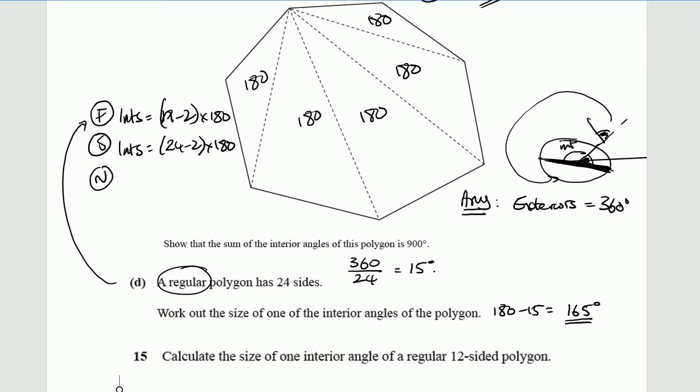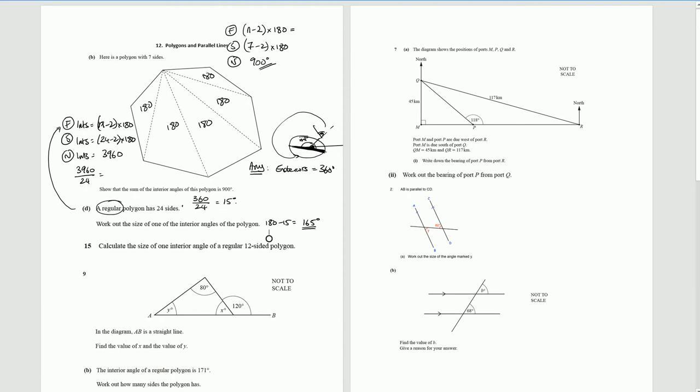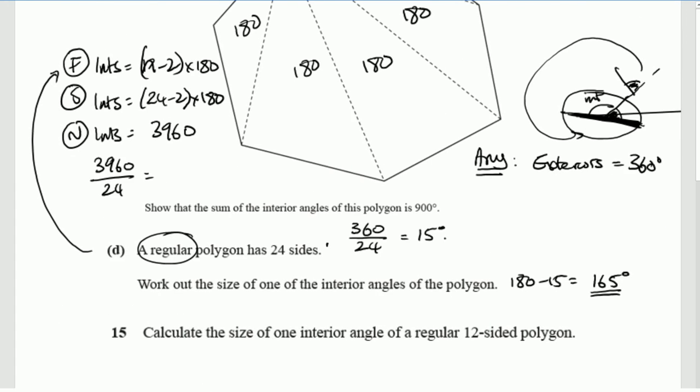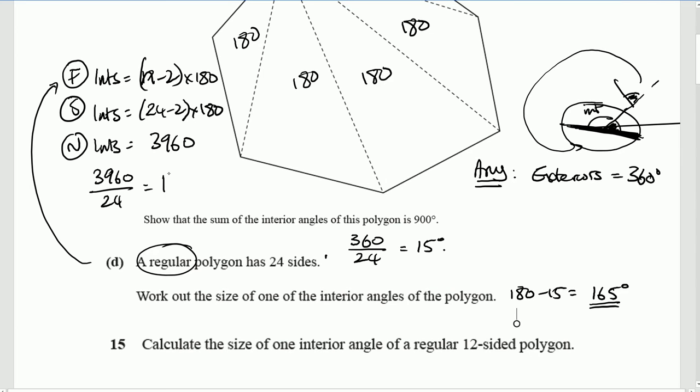If I number crunch that result, I get a sum for the interior angles: 3,960. If it's regular, then every one of those angles is the same, and there are 24 of them. I want to know one of them, so I divide by 24. So 3,960 divided by 24 into the calculator, and we get once again 165 degrees. Now we don't have a good approach and a bad approach, it's just whatever makes most sense to you.